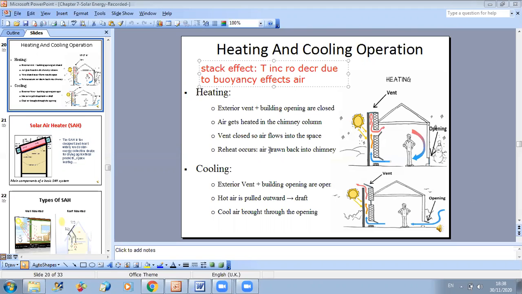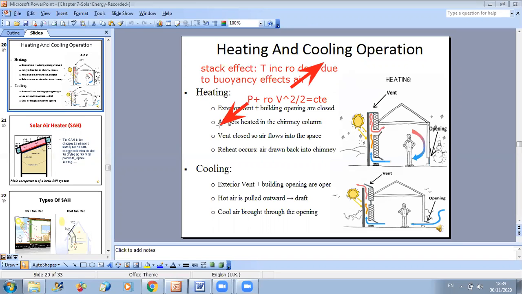No, I didn't cancel anything, but I said that Bernoulli states that P plus rho V squared over 2 is a constant. This is the Bernoulli statement. Because it's a constant, when you have an increase in velocity, what will happen to pressure? It will drop.